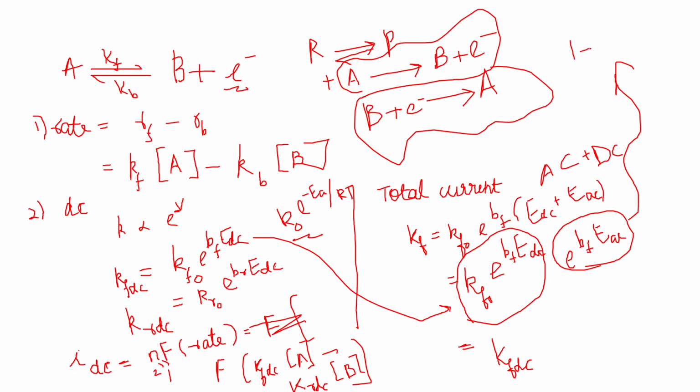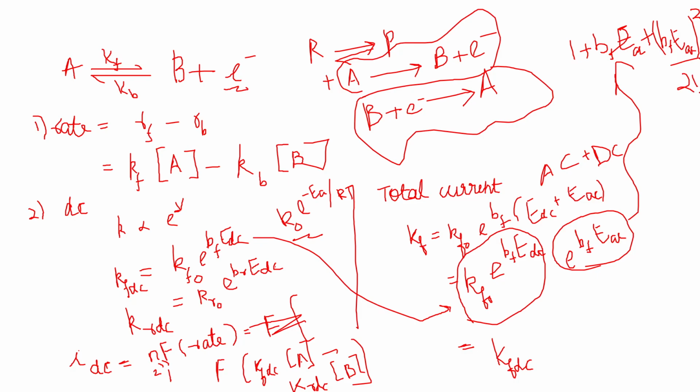If I do the Taylor series expansion, it will become 1 plus BF EAC, and the next term will be BF EAC the whole square by 2 factorial, and other terms will come.